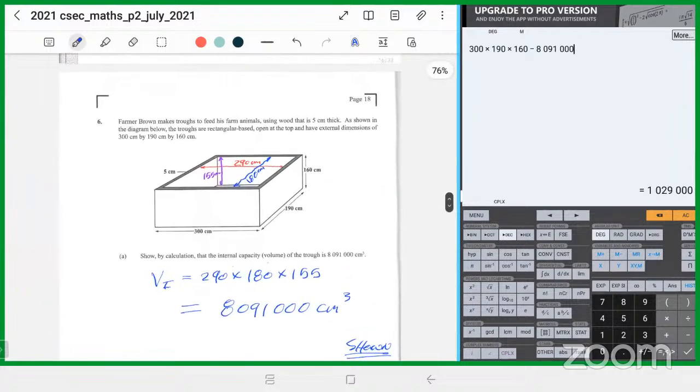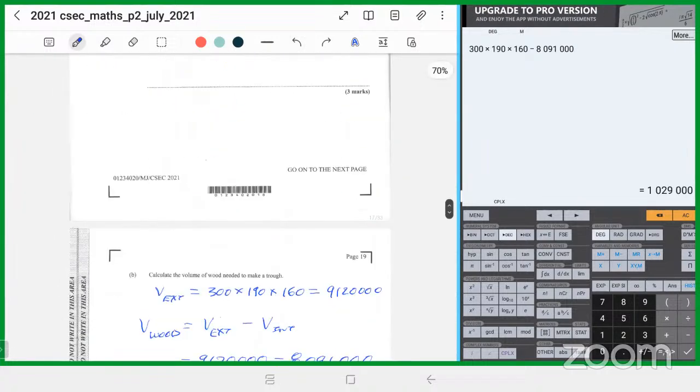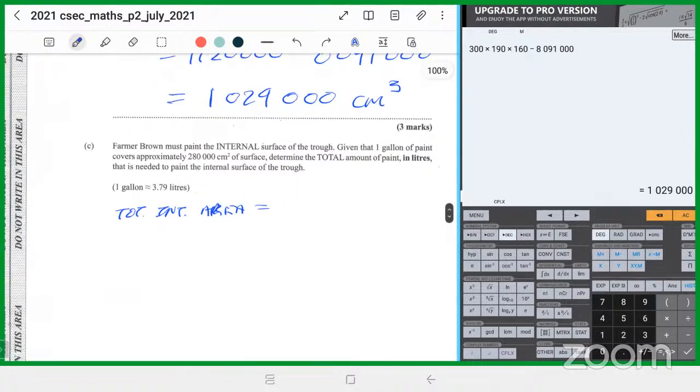Don't do it piece by piece. You have two of the walls at the back and front, so internally, two of those walls, which were 150 by 290. So that's 2 times 150 times 290.